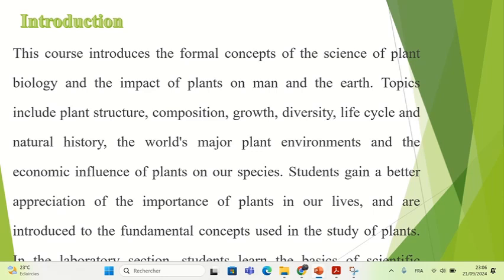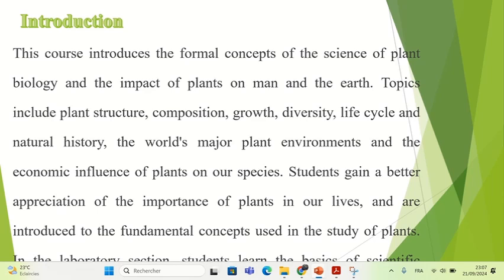For the introduction, this course or practical work introduces the formal concept of the science of plant biology and the impact of plants on man and the earth. Topics include plant structure, composition, growth, diversity, life cycle, and natural history, the world's major plant environments, and the economic influence of plants on our species.